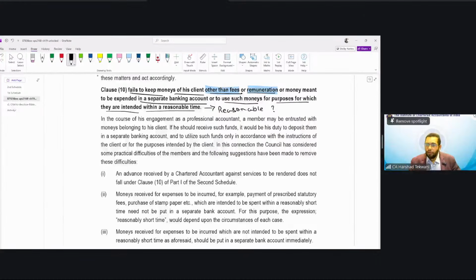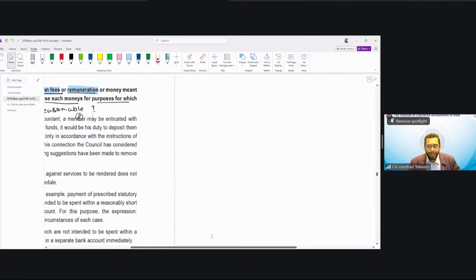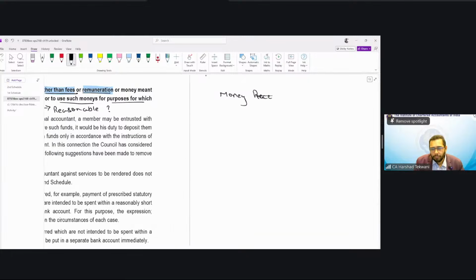So first of all, we will summarize this particular clause so that you can understand. Money received. Now you need to understand a few things. Is it a fee or remuneration?